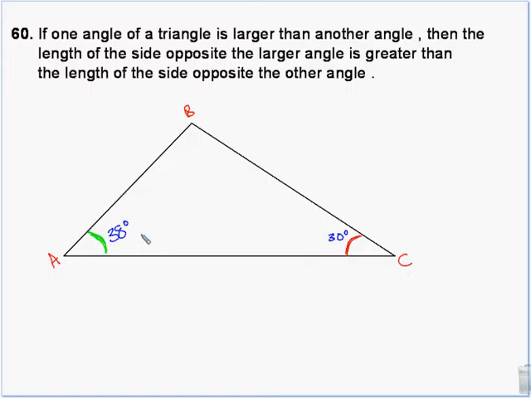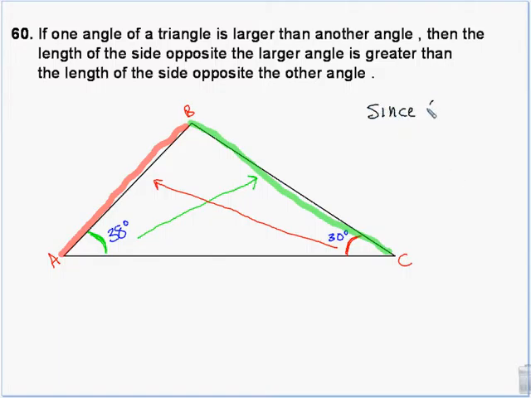So if we then go across to BC, or we take angle C and we go across to AB, since angle A is bigger than angle C, BC is going to be bigger than AB.